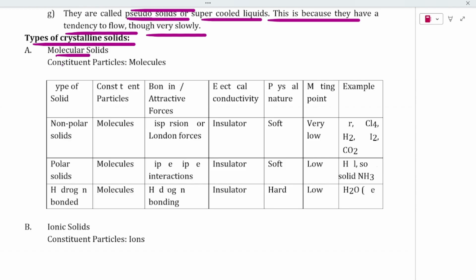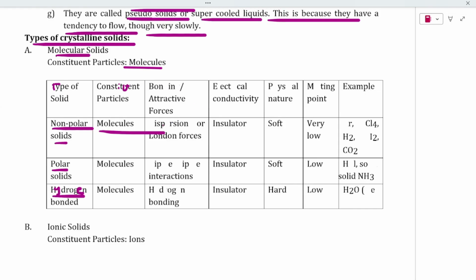There are molecular solids, where the constituent particles are molecules. The types of solid are three: non-polar, polar and hydrogen bonded. Molecules are the constituent particles.